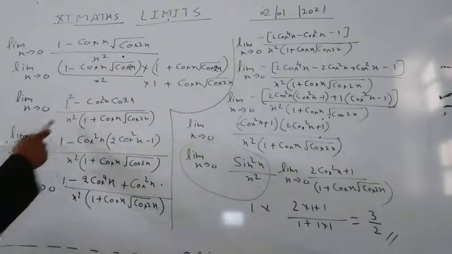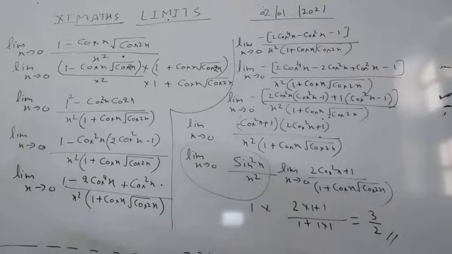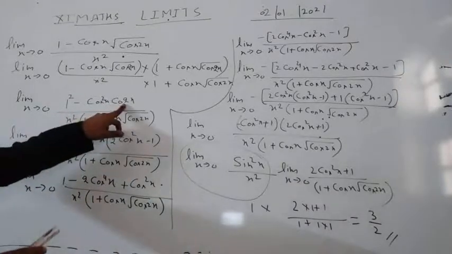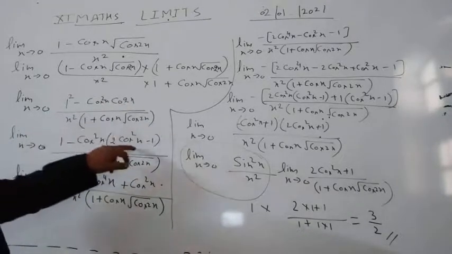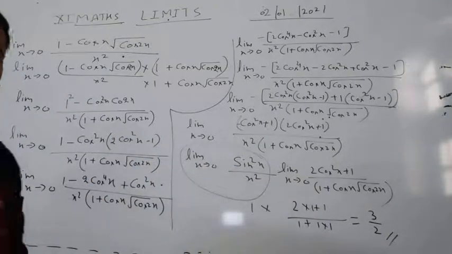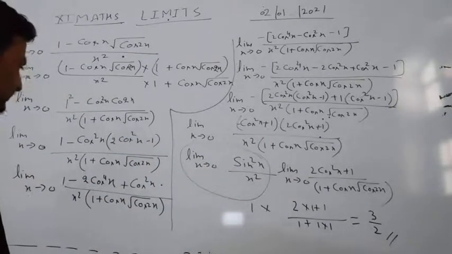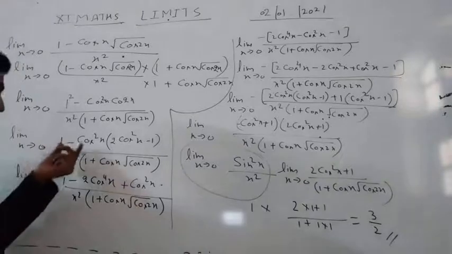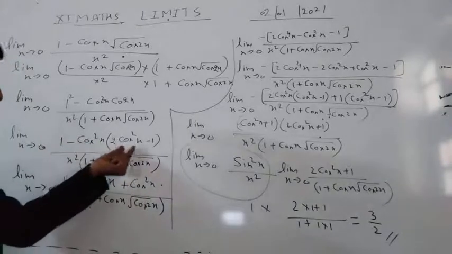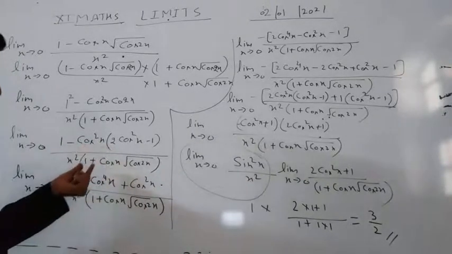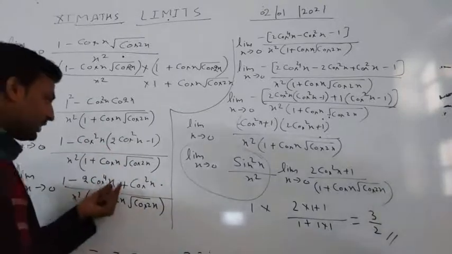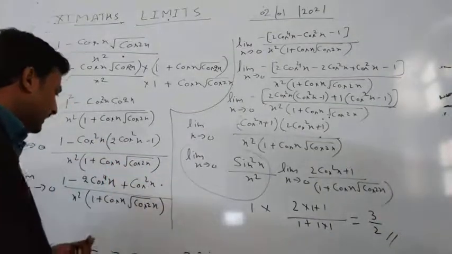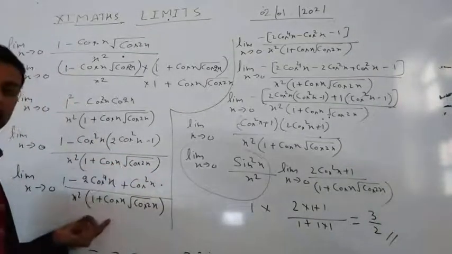Okay, now we get from here limit x tends to 0, this is cos 2x, and we can write 2 cos square x minus 1. We apply the formula of cos 2x. Okay, now we are getting 1 minus this, multiply inside the bracket, we get 2 cos to the power 4x and cos square x, and the denominator is the same.